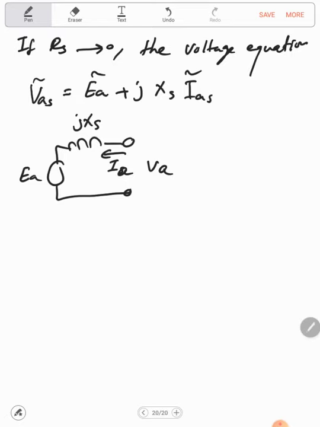So let's assume that I will plot the phasor diagram for this simple circuit, assuming constant power.